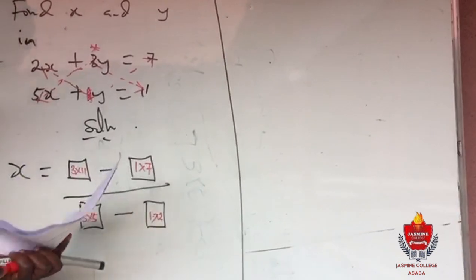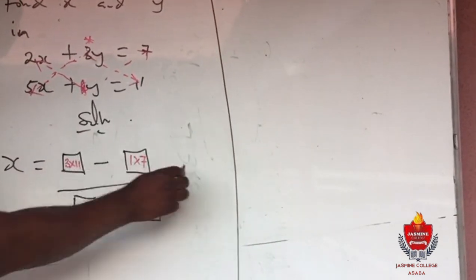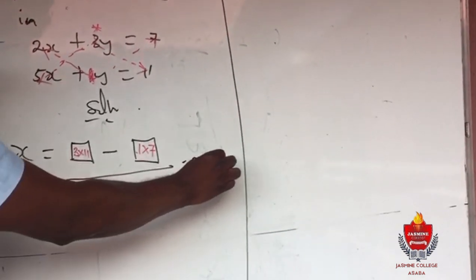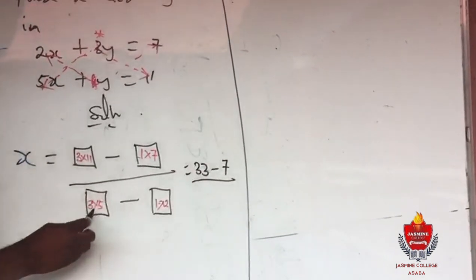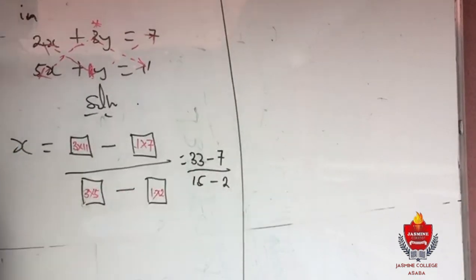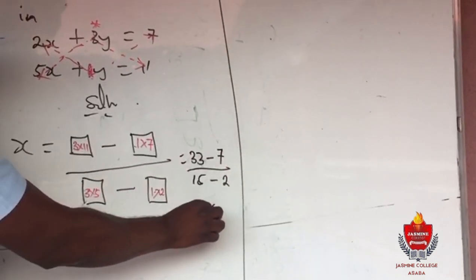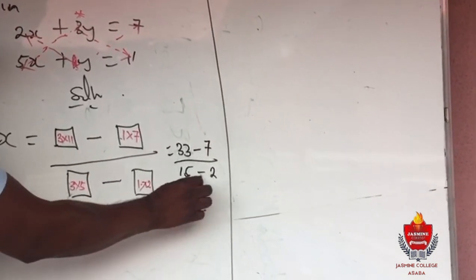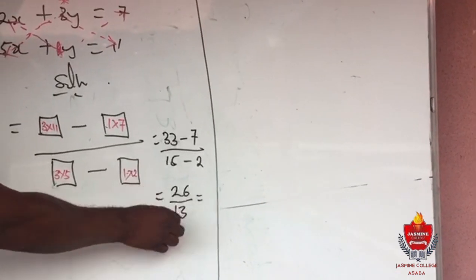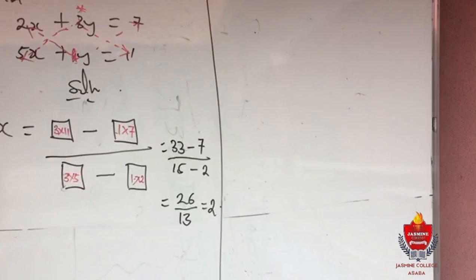And eventually, you will have 3 multiplied by 11 is 33 minus 1 multiplied by 7, you have 7, all over 3 times 5, you have 15, and then 1 multiplied by 2, you have 2. And then next, you have 33 minus 7 to give 26, divided by 15 minus 2, which is 13. And upon division, 26 by 13, we have 2. And obviously, x goes to 2.